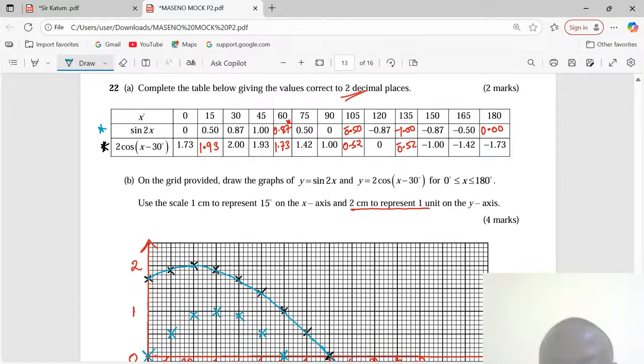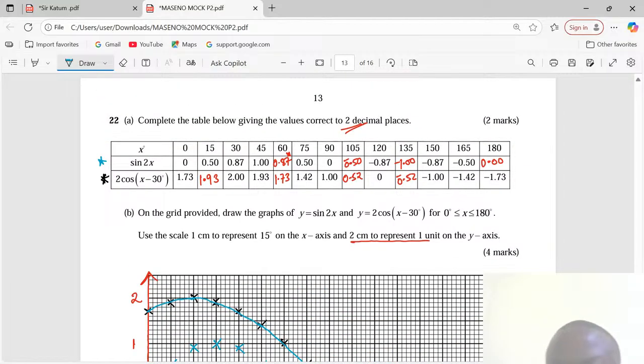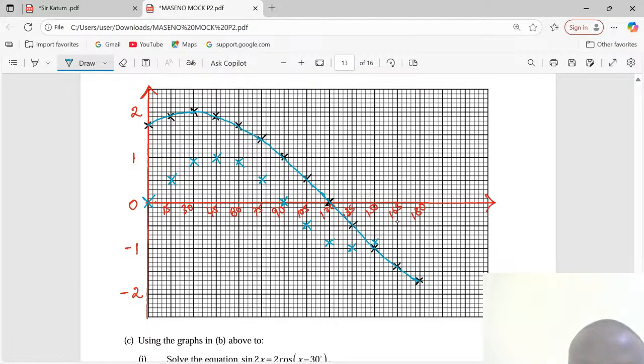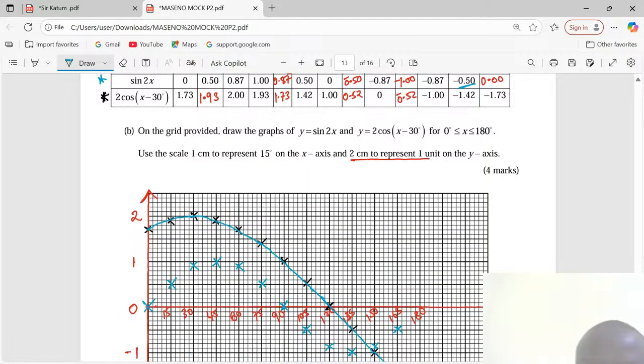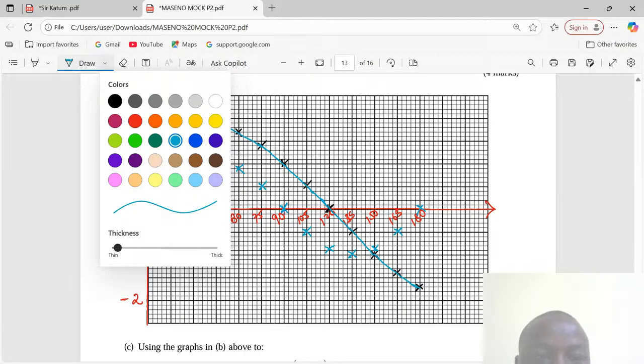Then negative 0.9 at 150. At 165, we are having negative 0.5. Then finally, we are having 0.00 at 180. So you see, again, a smooth curve is already suggesting itself here.